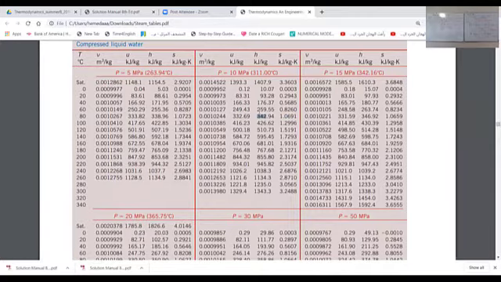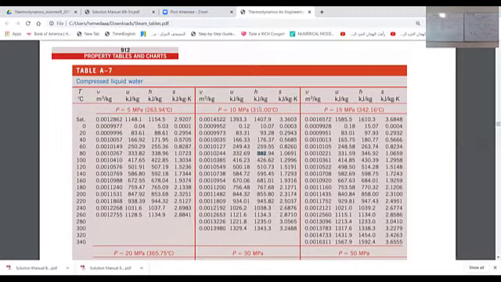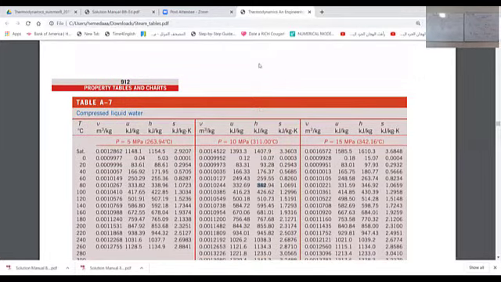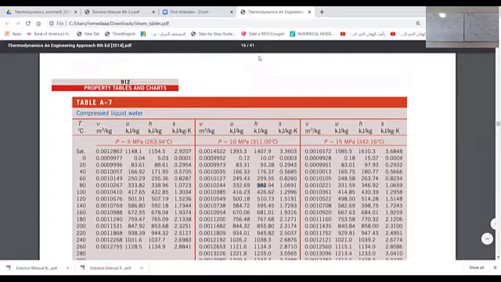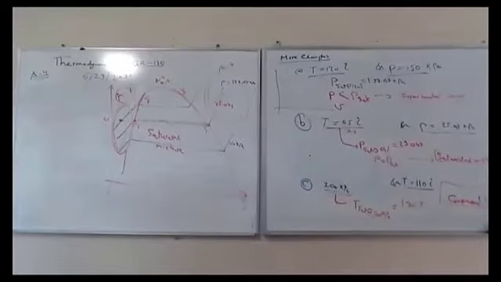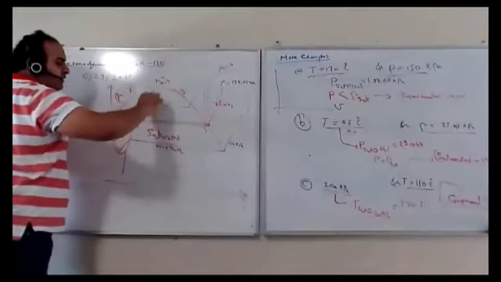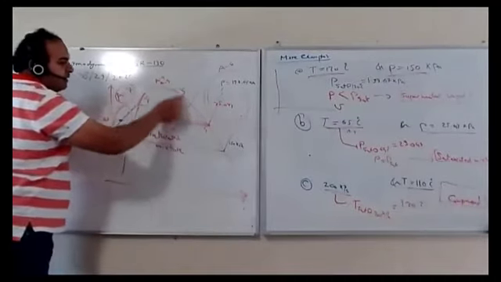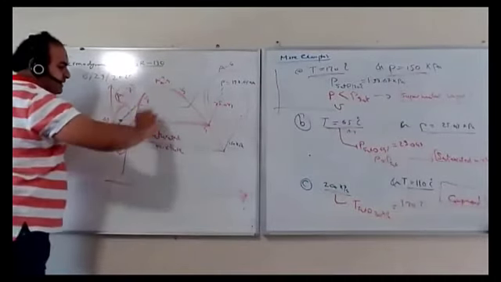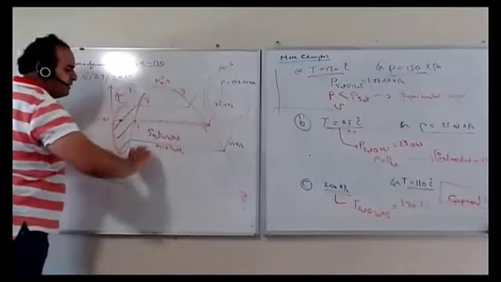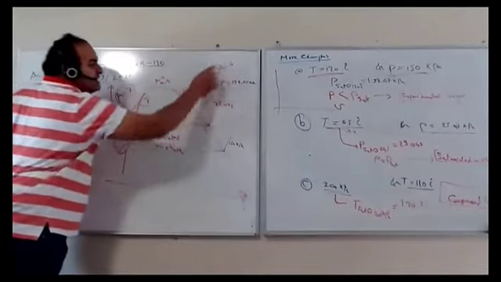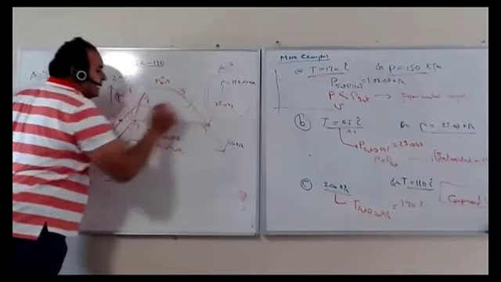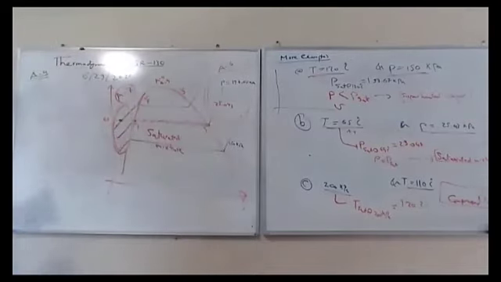All these data are so small because it's just compressed liquid. Okay? So table A4, this line, temperature input. This line, A5, pressure input. A6, A7: 3 regions, 2 lines, 1 point. Okay, guys?